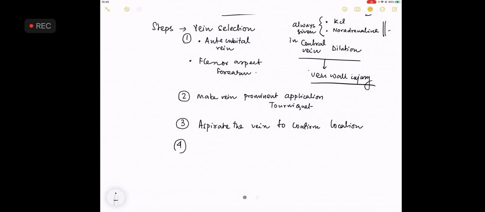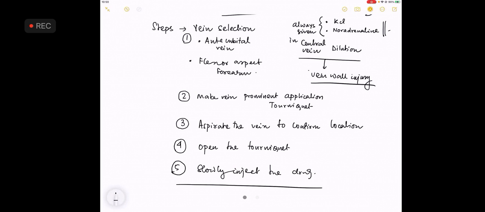Step number 4, open the tourniquet. And step number 5, slowly inject the drug. I have forgotten the step called antiseptic dressing and dripping, but I think that is something that you can mention very clearly.